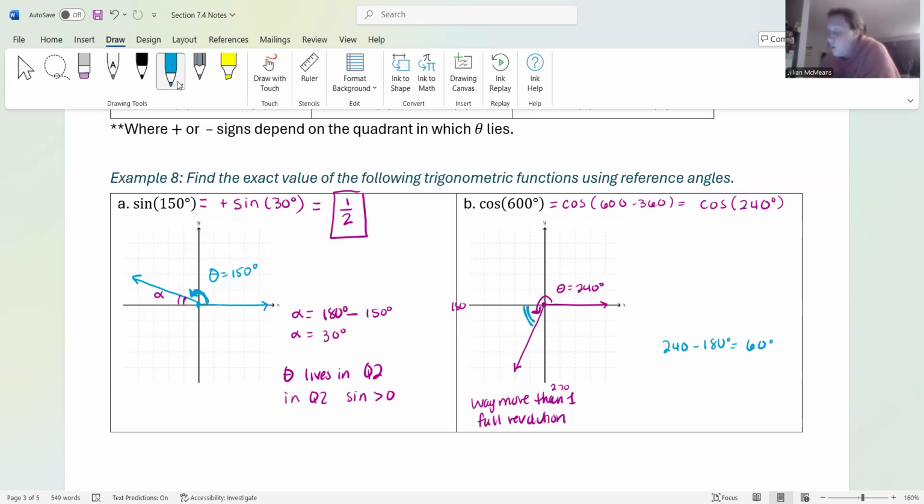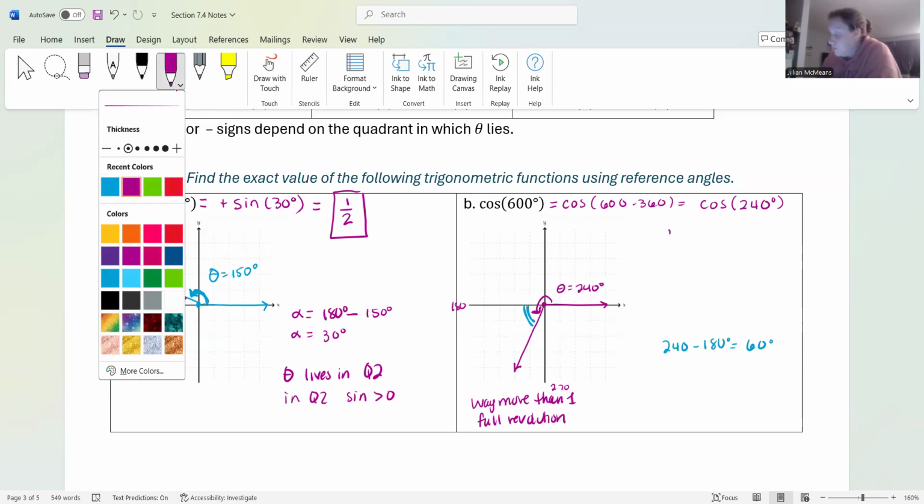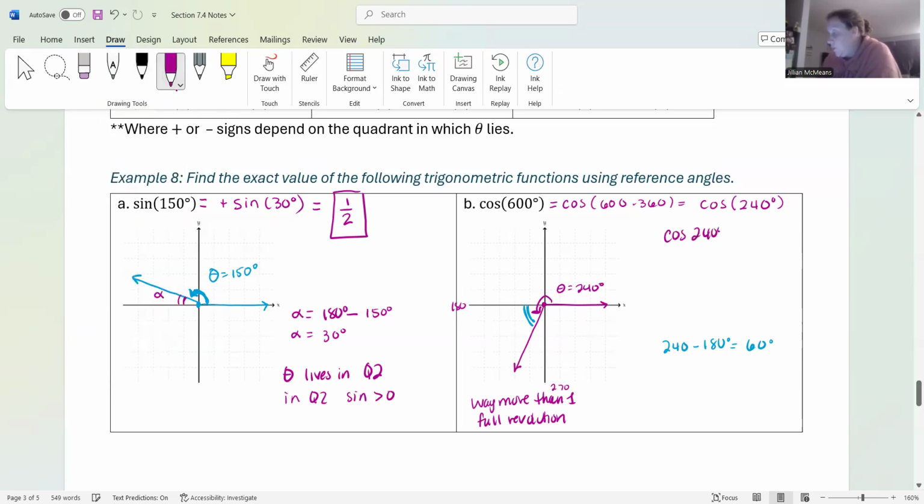So what we have now is that cosine of 240 degrees equals plus or minus cosine of 60 degrees, where this is alpha, the reference angle for theta. So let's figure out what quadrant the terminal side of theta lives in.